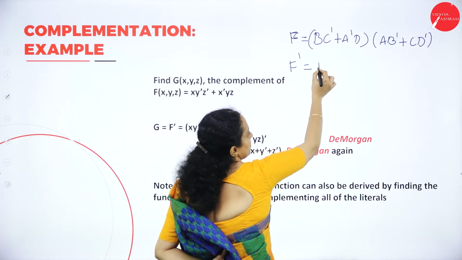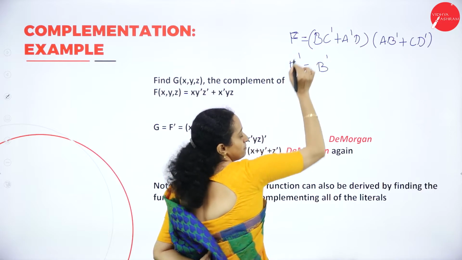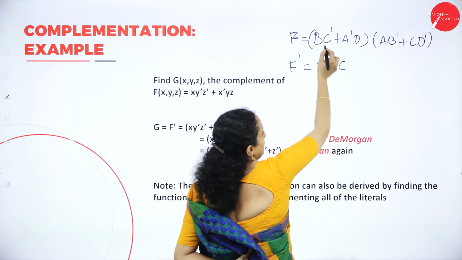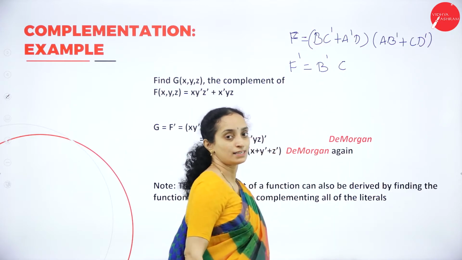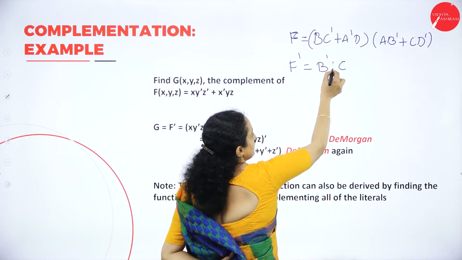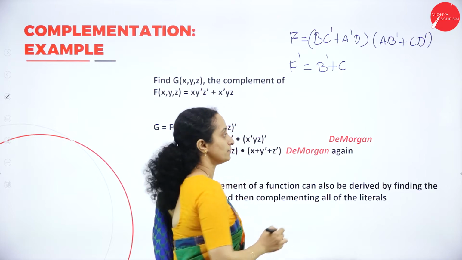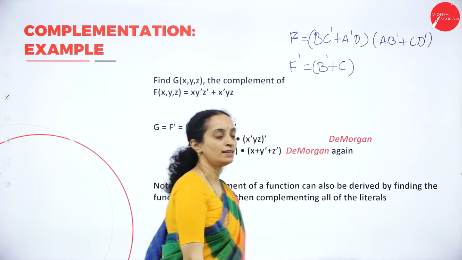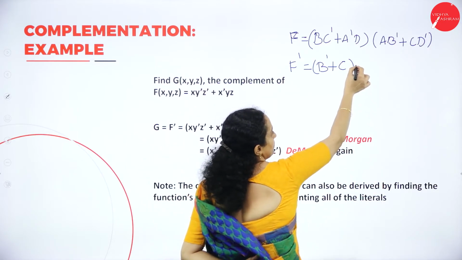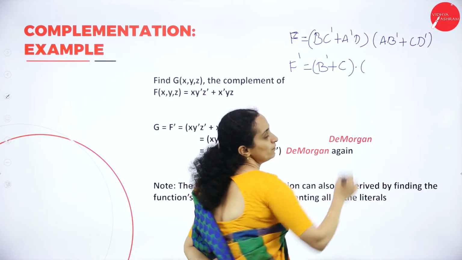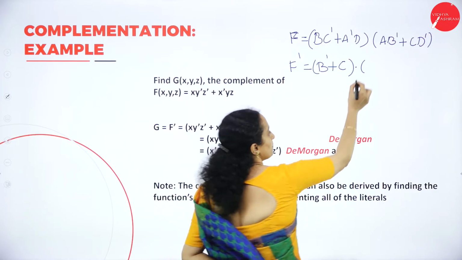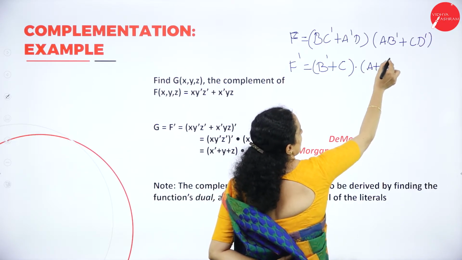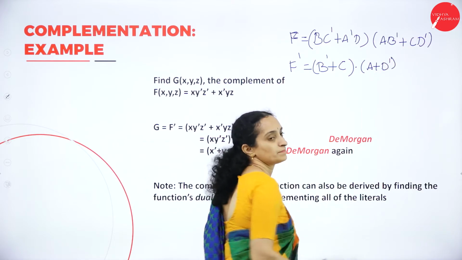Now b becomes b dash, c becomes c, you have multiplication operator here, this will become plus. Next here you have plus operator which will become multiplication, into a dash will become a, plus d will become d dash.